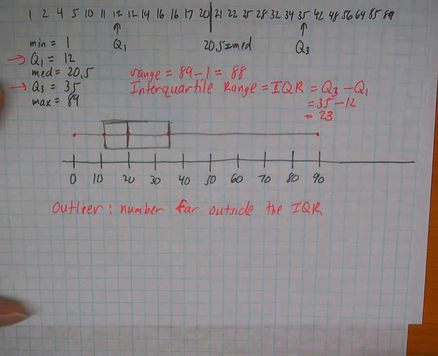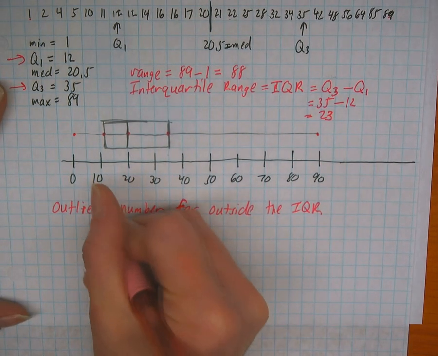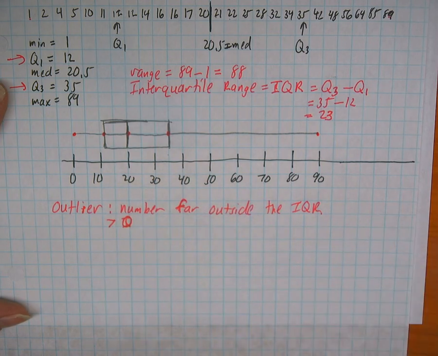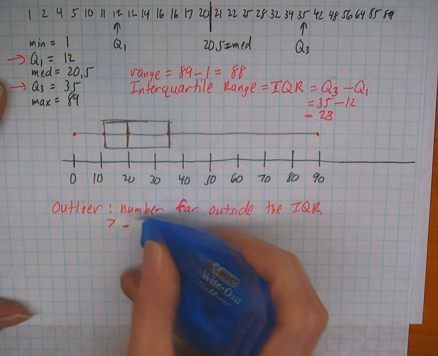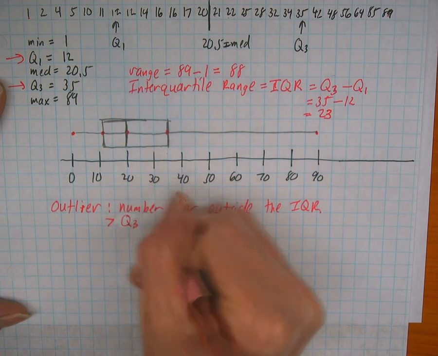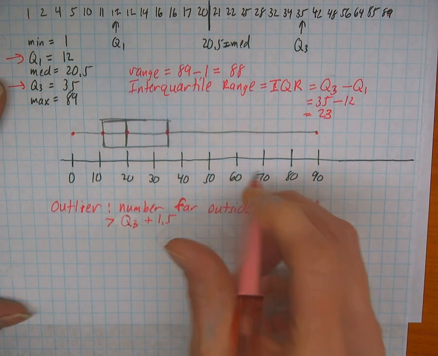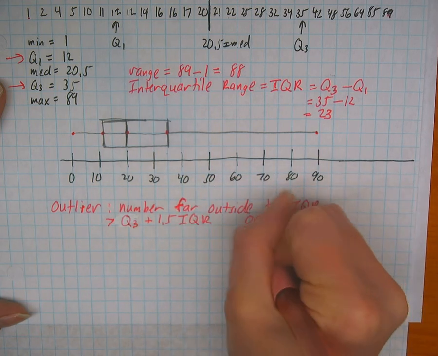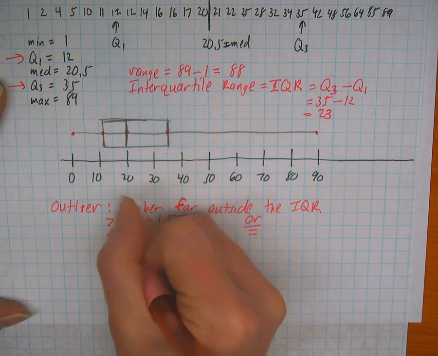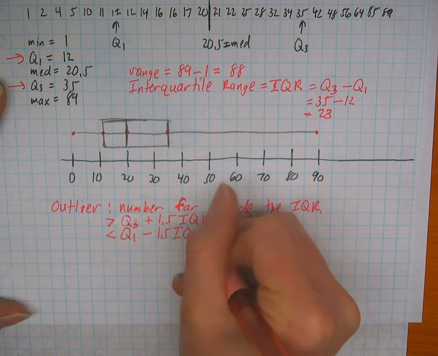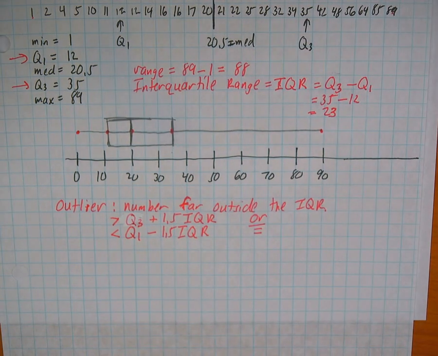So an outlier is either going to be greater than quartile 3 plus 1.5 times the interquartile range, or less than quartile 1 minus 1.5 times the interquartile range.